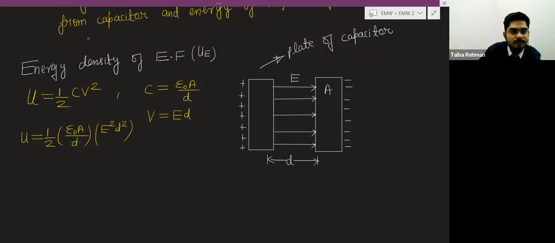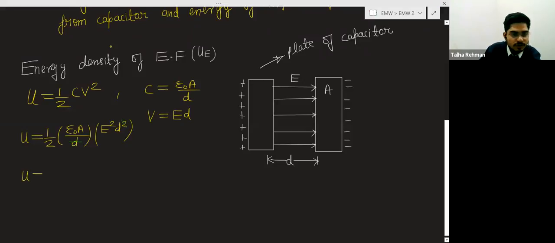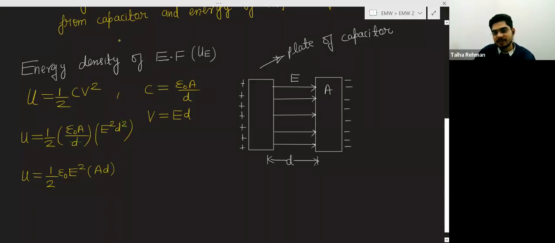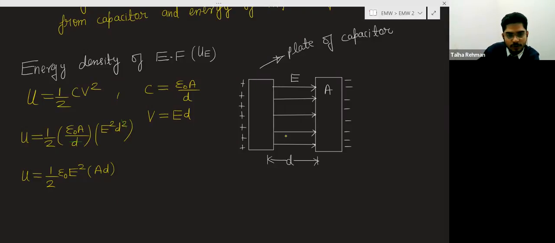So basically you will have U equal to half epsilon naught E square into A into d. And what is A into d? A is the area, d is the distance, so A d is the volume between the plates of the capacitor.